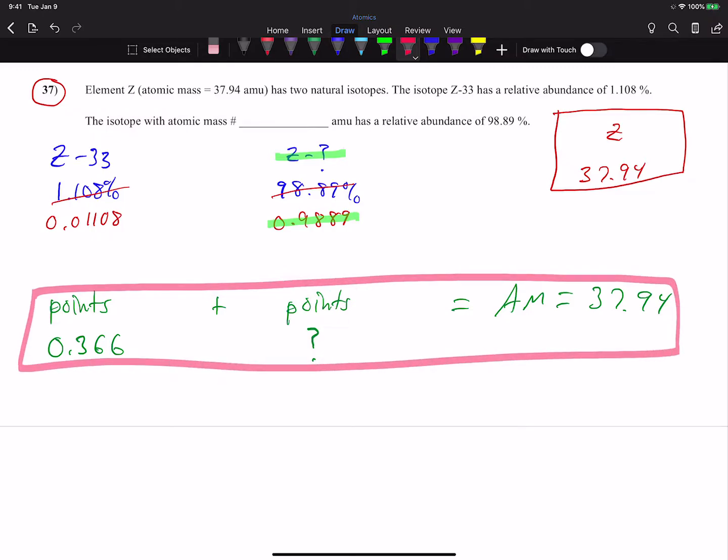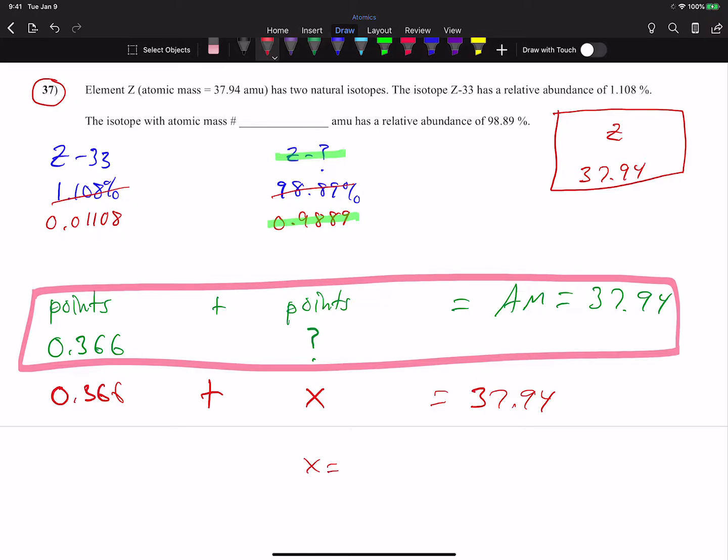The points of isotope 1, 0.366, plus the missing points from isotope 2 should add up to 37.94. We have an expression with one unknown. We always solve expressions for one unknown. So we have to solve for x.